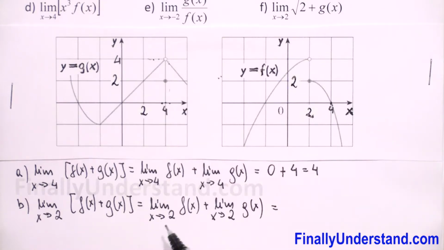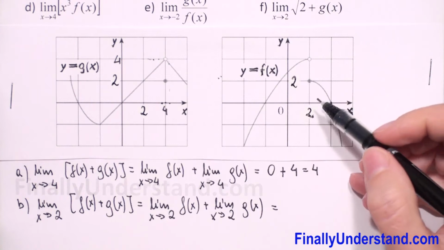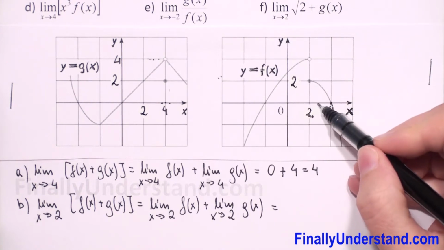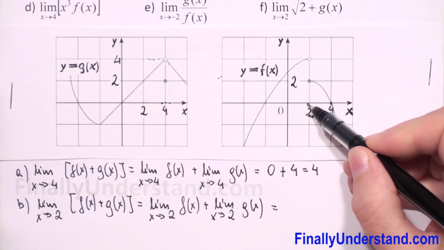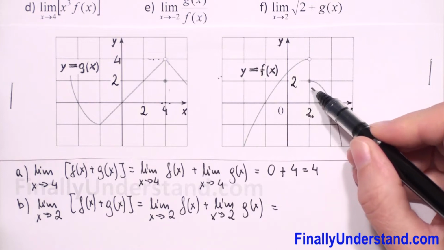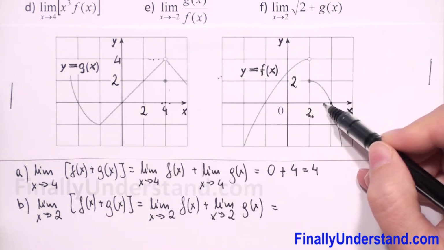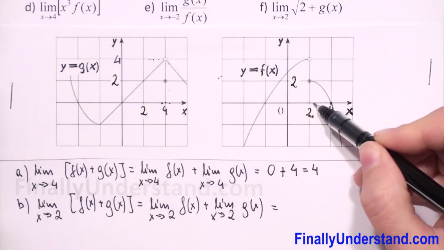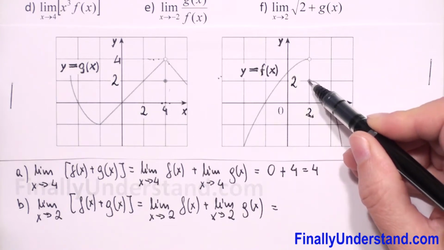So first we have to look at the f function. We are going to 2 from the left side and from the right side. We see that when we are going to 2 from the right side, we are going to the value 2.